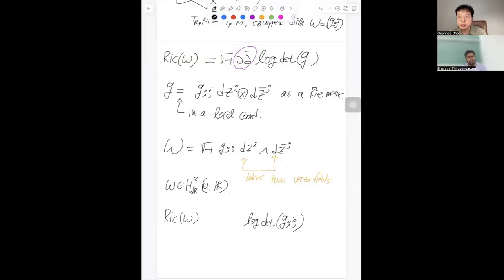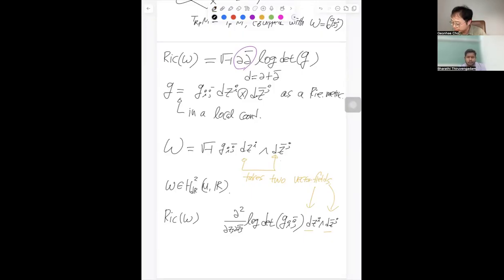This can be taken, and we can now apply this operator again. If you write it out in complex form, there's an effect of this operator because we know the exterior derivative can be decomposed as partial d plus partial d bar, and you can also see that it takes two vector fields here and here.